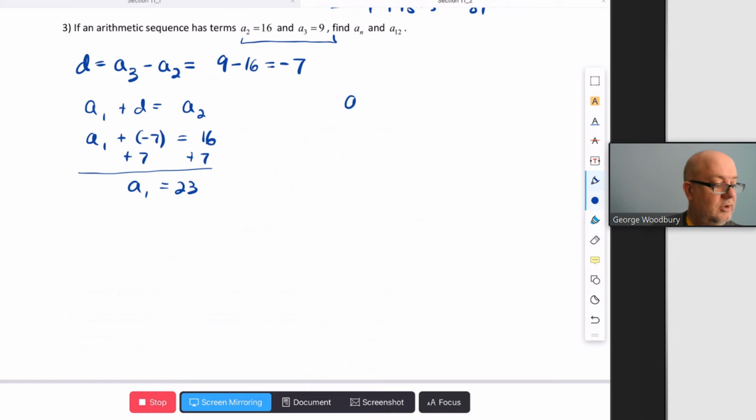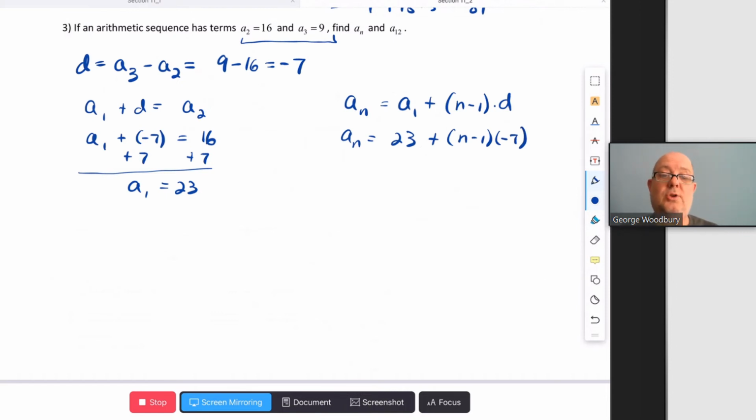We can use this formula: a sub n equals a sub 1 plus n minus 1 times d. We can build that general form first, which we needed, and then we can find the 12th element of that sequence. So a sub n equals 23 plus n minus 1 times negative 7.